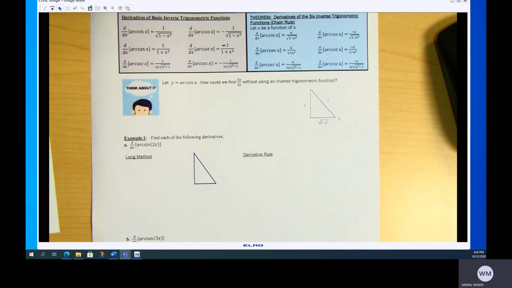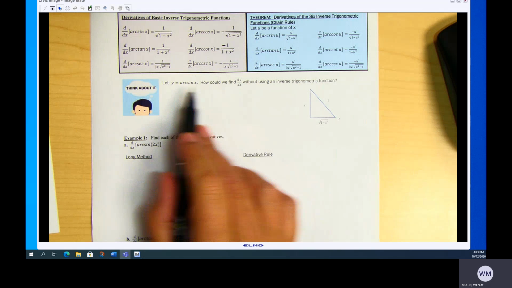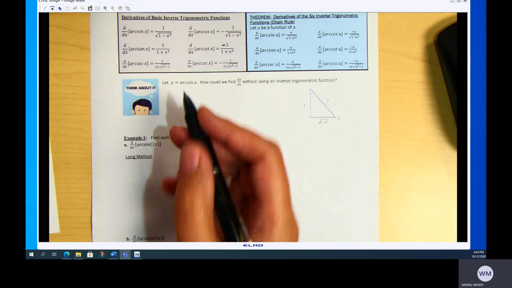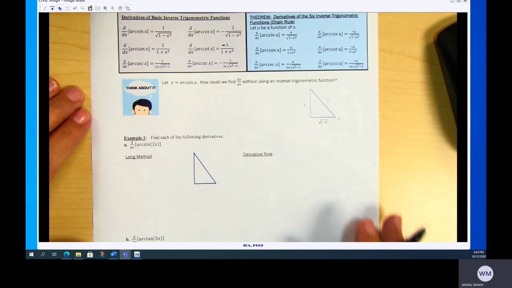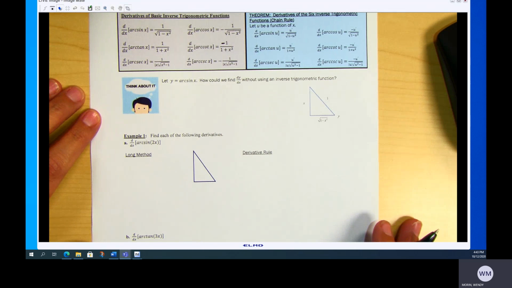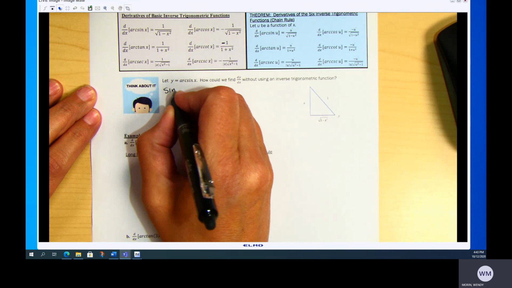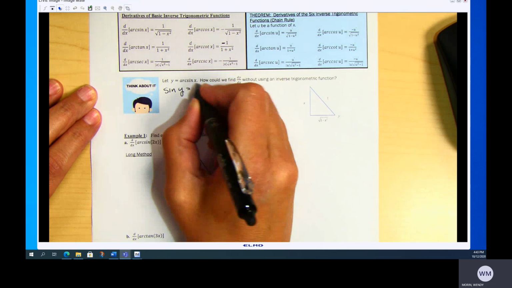Okay, so if I were to ask you to find the derivative of this without using an inverse trig function rule, how would we do that? Well, one of the things that we know is that the inverse sine can be undone by taking the sine of both sides.